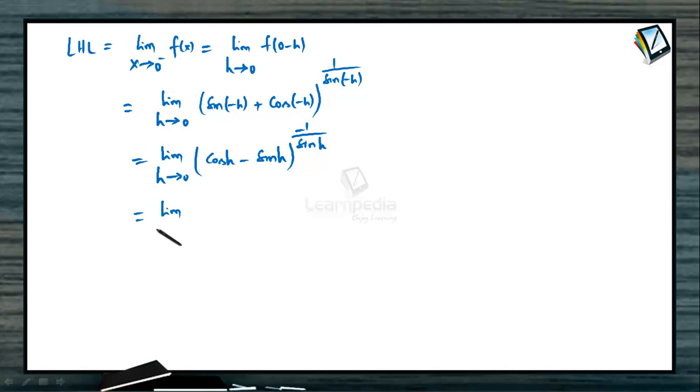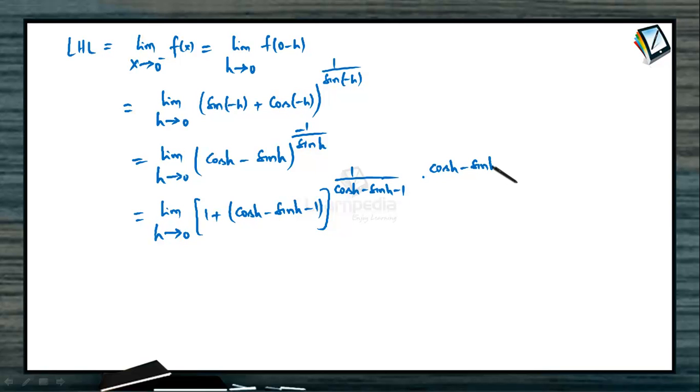Then this is limit h tends to 0, (1 plus (cos h minus sine h minus 1)) whole raised to the power of 1 by (cos h minus sine h minus 1), into (cos h minus sine h minus 1) by minus of sine h.